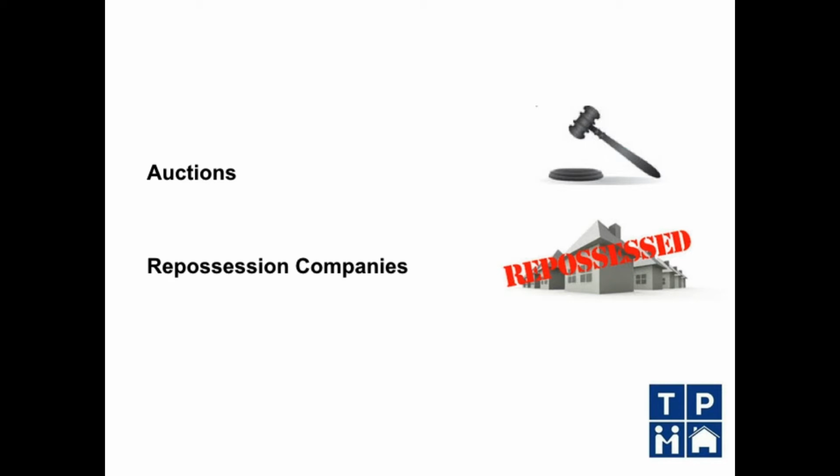So it may be something that you look at, but don't forget to go and look at some of the others, because there could be an opportunity in there that no one else is bidding on, but the seller is prepared to sell. It could be that it doesn't sell at auction and you wait, and because you've done all your research and you've looked at it and you know what it's about, you can put an offer in after the auction because you've already done all the legwork on it.